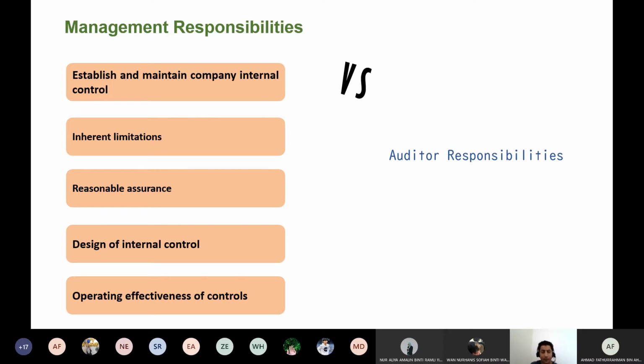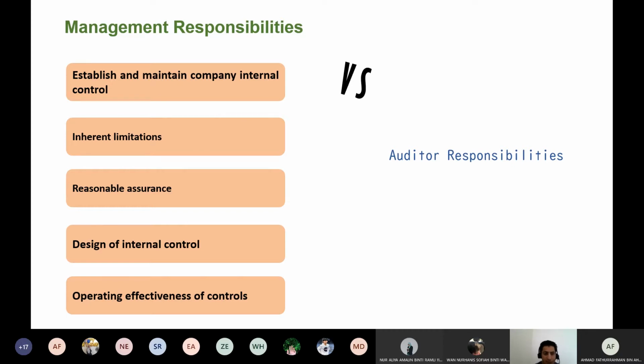Lastly is to operate the internal control effectively. We may have the internal control on paper, but we also need to ensure that it takes place in the operation, in real business.